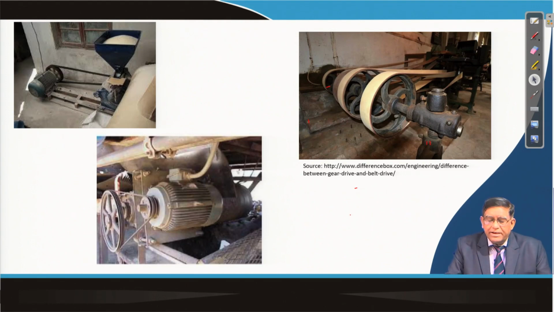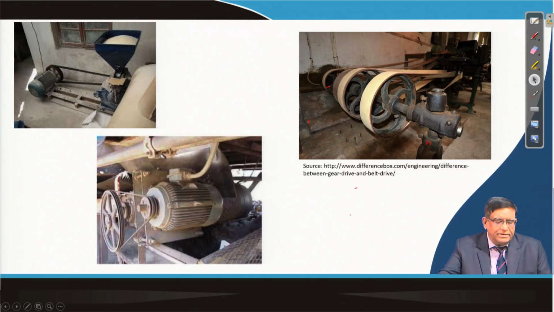As you can see here in some of the applications, you might have seen a rice mill near your town where an electric motor is giving power and that power is being driven by a belt drive. There you can also see a conveyor belt being used.